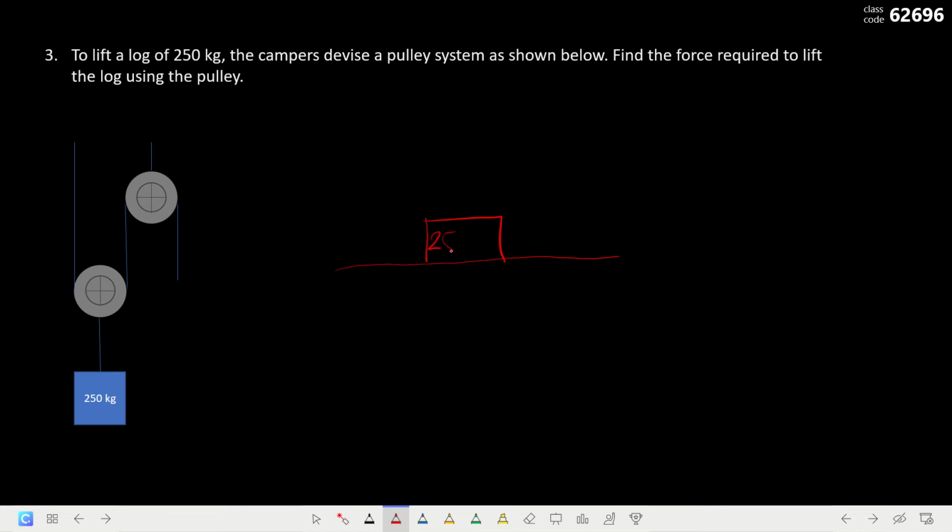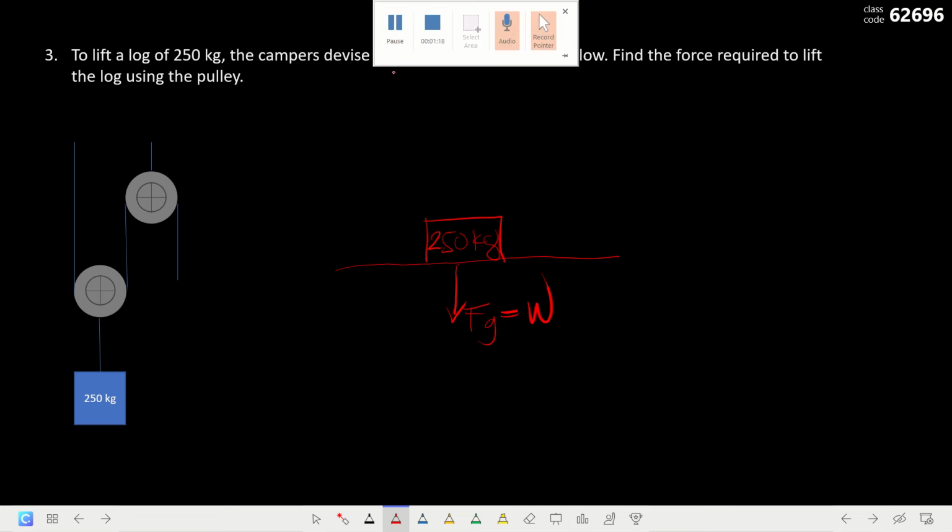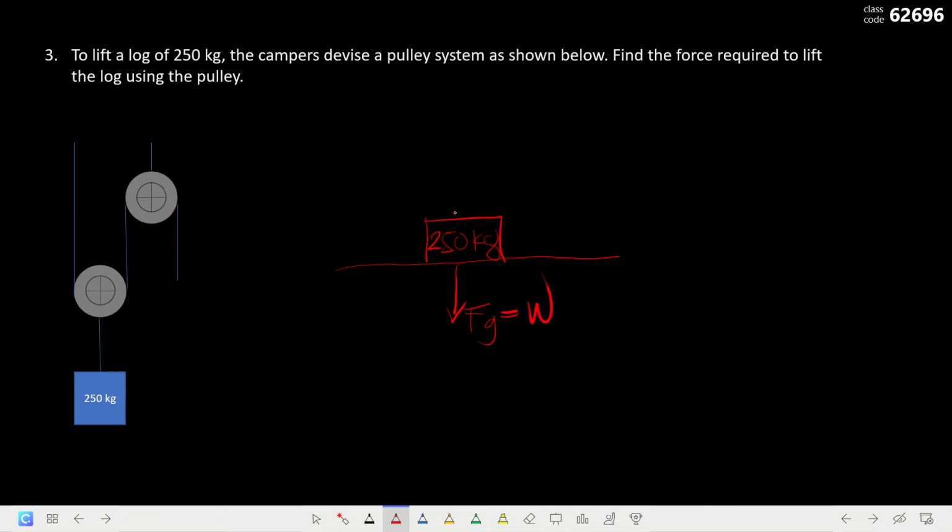It has a mass of 250 kilograms. This object is acted upon by the force due to gravity, which is equal to its weight. And what we want to know is the force required to lift this object.